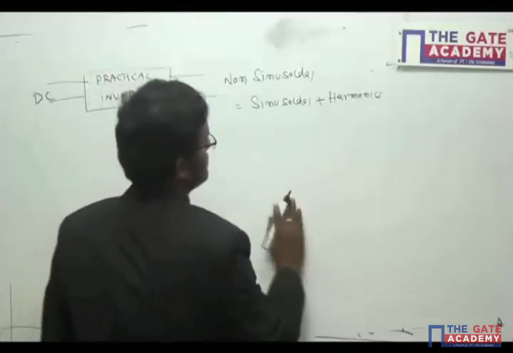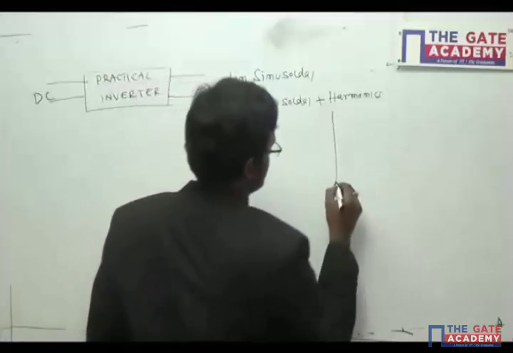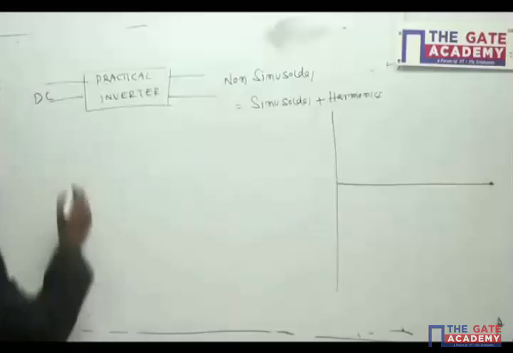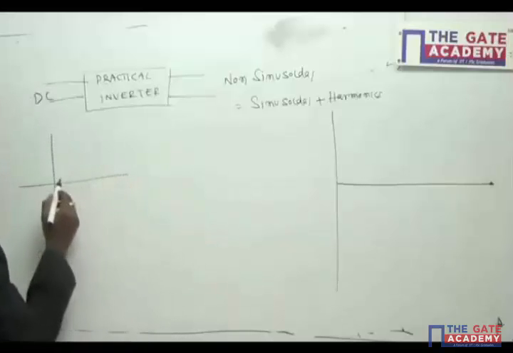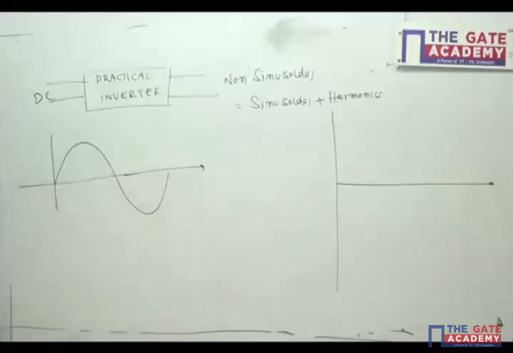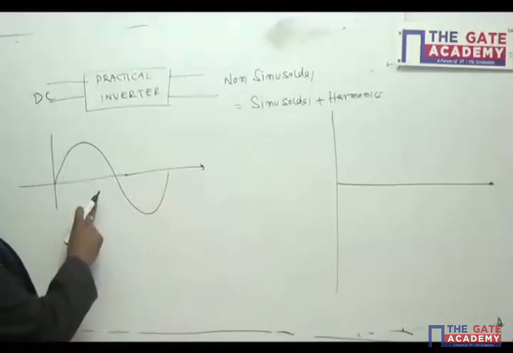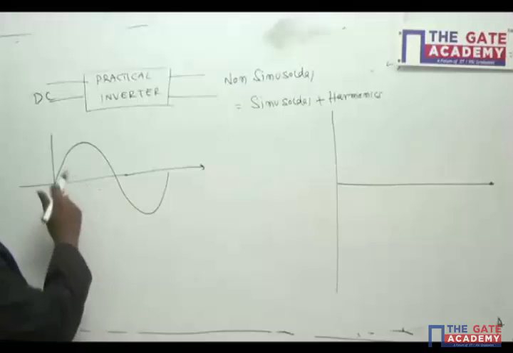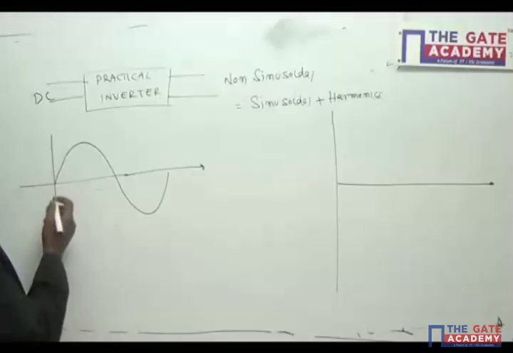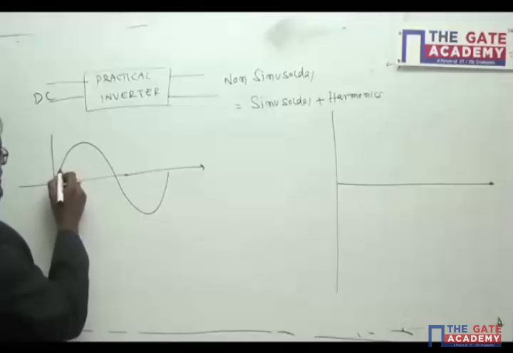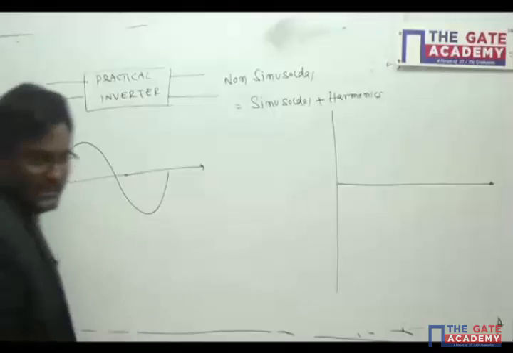Now if you see pure sinusoidal, it looks like this, right? This is a signal which is not at all possible practically, because it might not be this smooth. At this instant the value will be here, the next instant the value will be here.